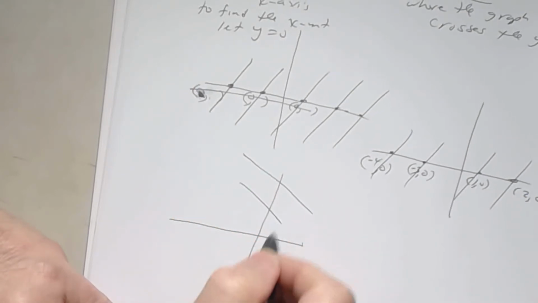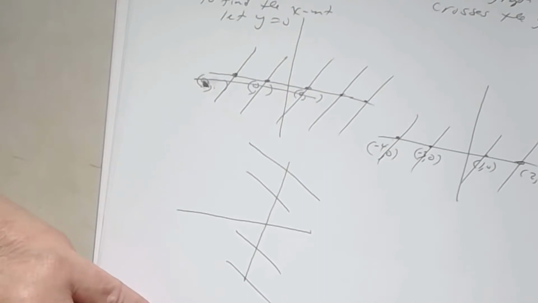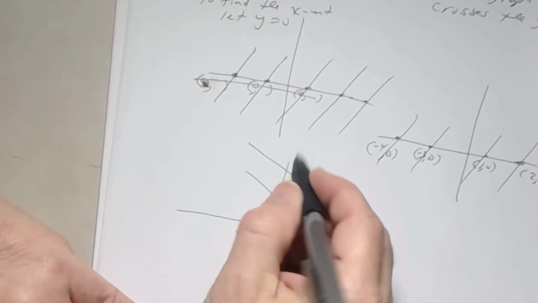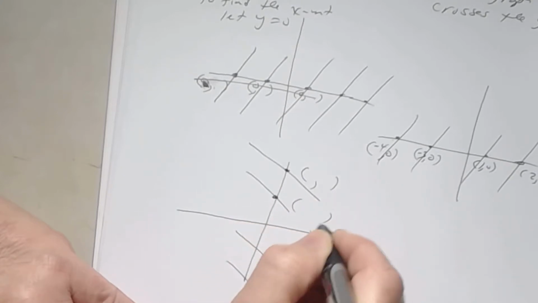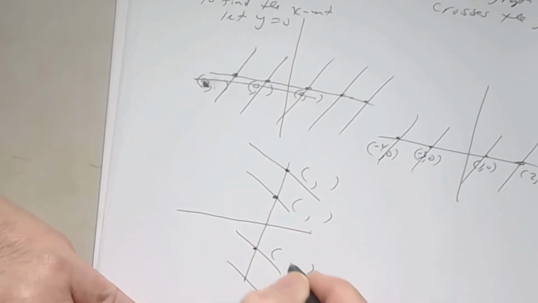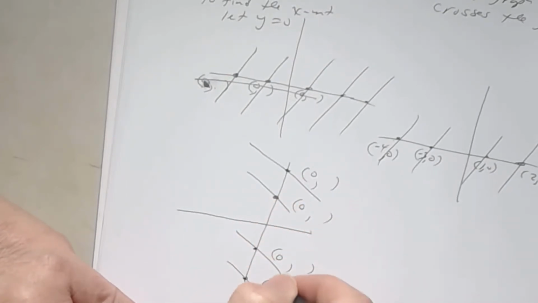And if we look at the y-intercept, let's do the same thing. Let's say I have these lines right here. Remember, the y-intercept is where the graph crosses the y-axis. This time, though, if I look at these points, which of these coordinates is 0? The x. So they all have something in common.